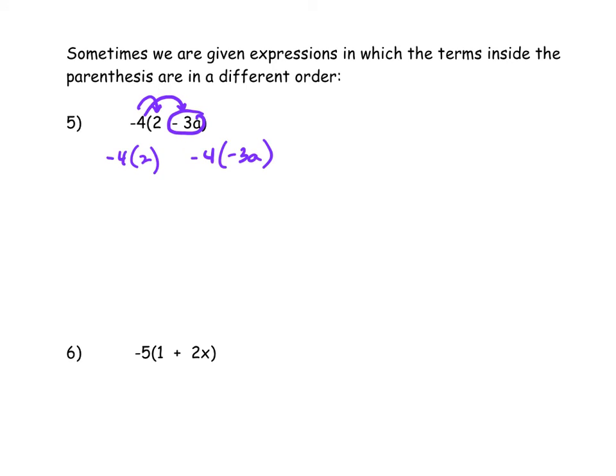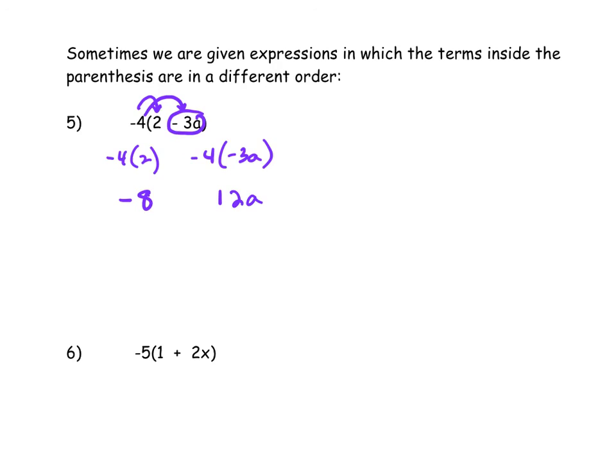What is the first term of this expression? If you wrote negative 8, you're correct. Remember, we're multiplying. Side by side is multiplying. What is the second term of this expression? If you said positive 12a, you are correct.